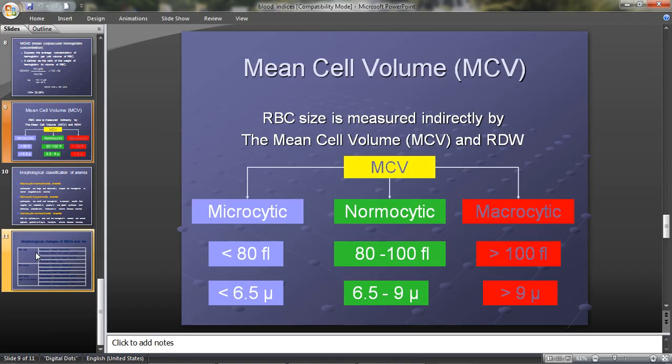In certain anemias, the diameter of the RBC is increased, so they might give you a macrocytic picture. Here, the mean corpuscular volume would be more than 100 femtoliters, and the diameter of the RBC would be more than 9 microns.